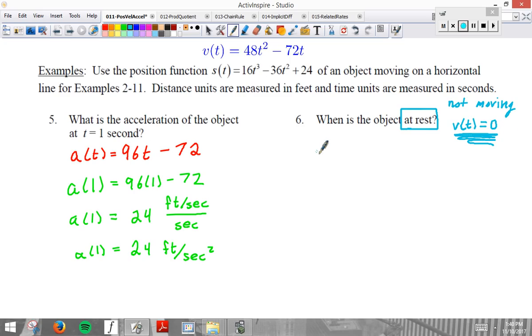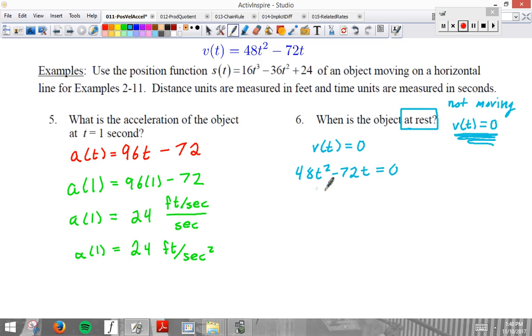So we're just going to set up that equation. We're going to write v of t equals 0, showing that that's what we're trying to solve. We replace v of t by what we know it is. And to solve an equation like this, we're going to use factoring.